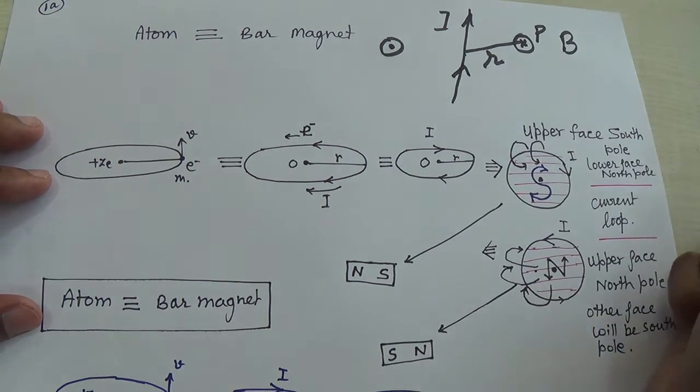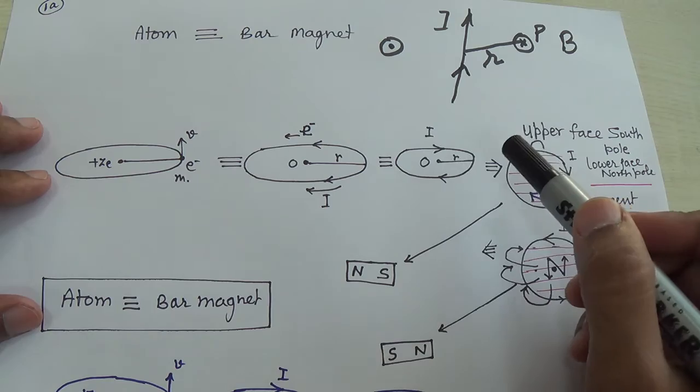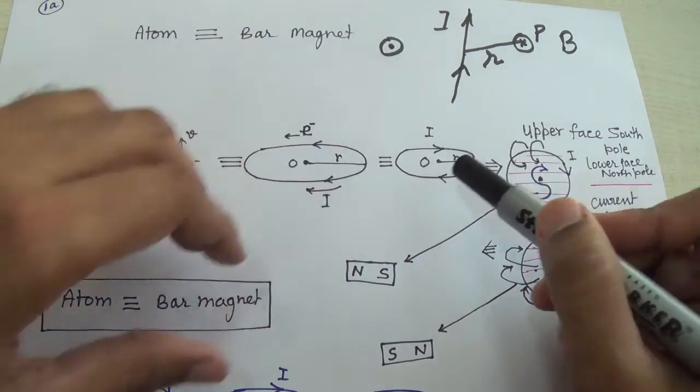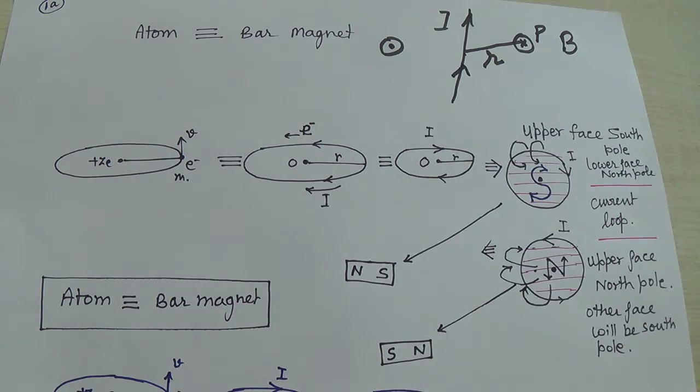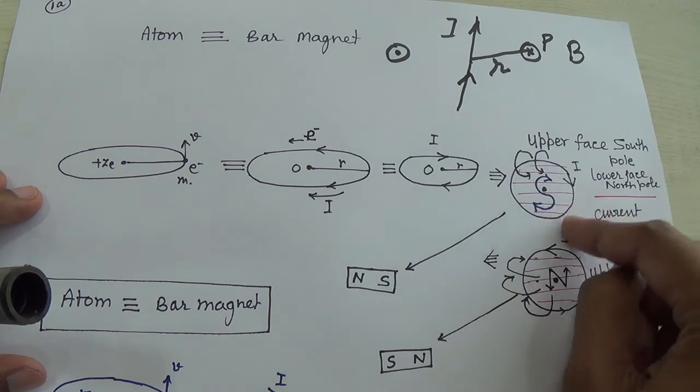Similar to this, here is a current loop in which current I is flowing. At any point, I can find the magnetic field line.